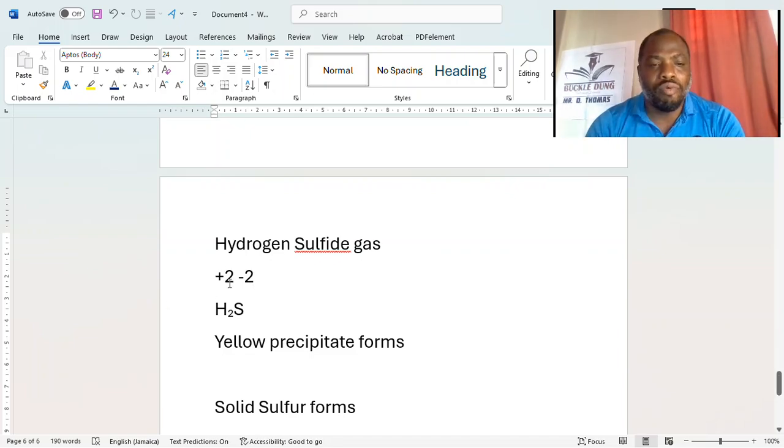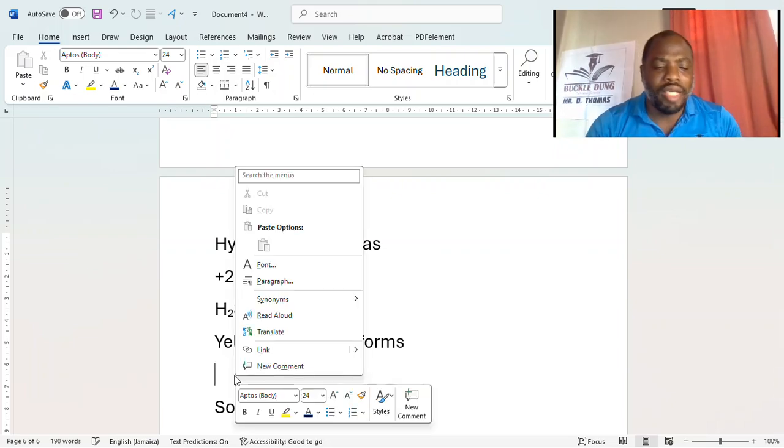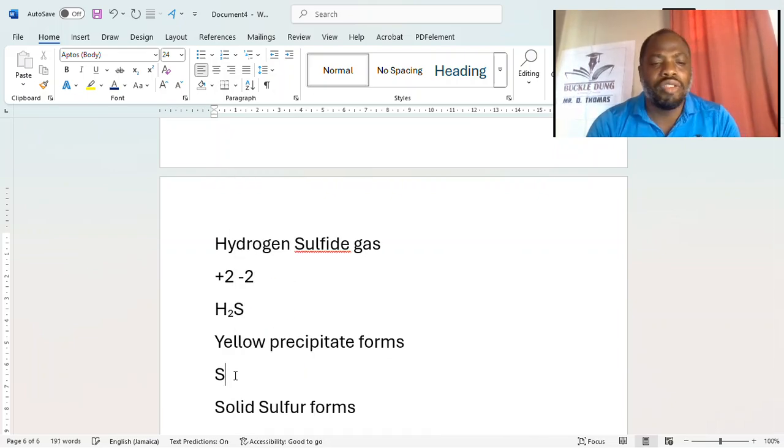So it accepted one electron from each of these two hydrogen ions, right? And so whenever it's oxidized, it's going to give them up, because we know oxidation is the loss of electrons. And so when it gives them up, it's going to go back to the solid state. It forms solid sulfur, which is a yellow precipitate.